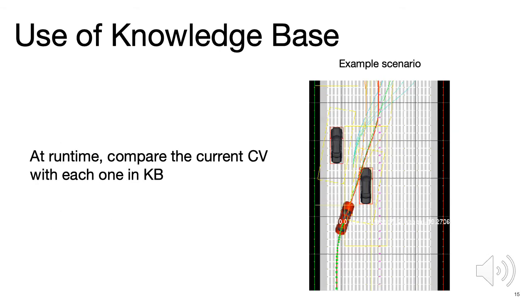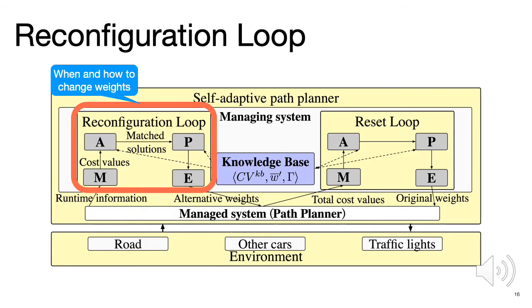And about the use of the knowledge base, the simple idea is that at runtime, the car would have a cost value, and then we compare it with each cost value in the knowledge base. Secondly, the reconfiguration loop. This loop is only running when the path planner is using the original weights.